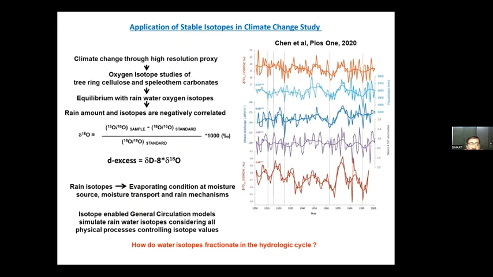It can be rain or vapor isotopes. Then whatever observations or knowledge we get, we try to put into some general circulation models. These models simulate the water isotopes, considering how atmospheric circulations control the isotope values.